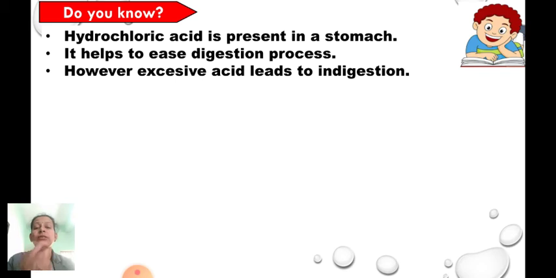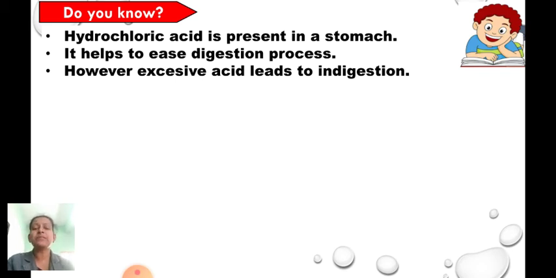Sometimes we don't have the habit of cleaning our hands before eating, but nothing happens, because the acid of your stomach protects you from some of the microorganisms.